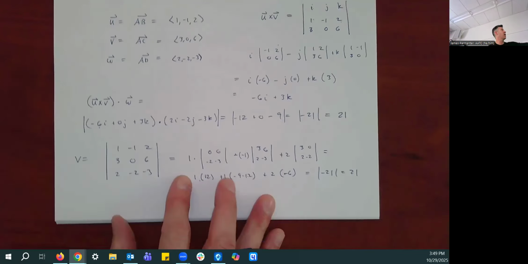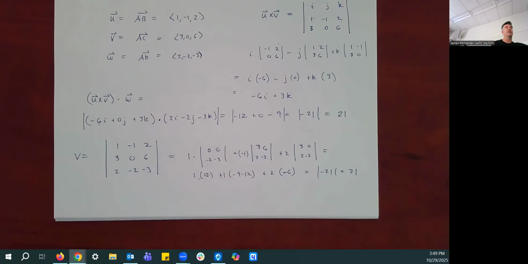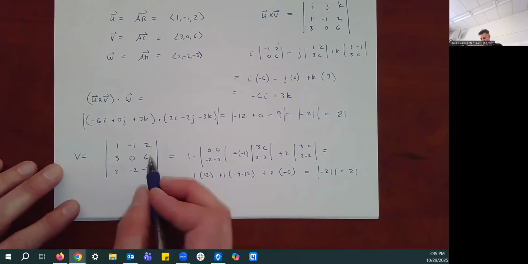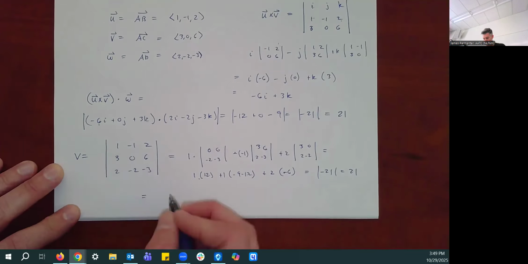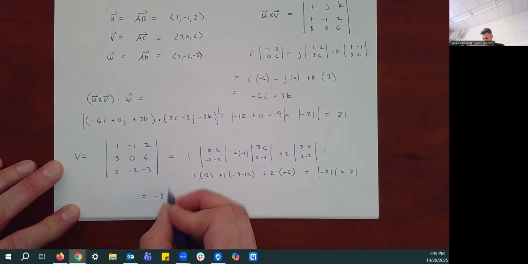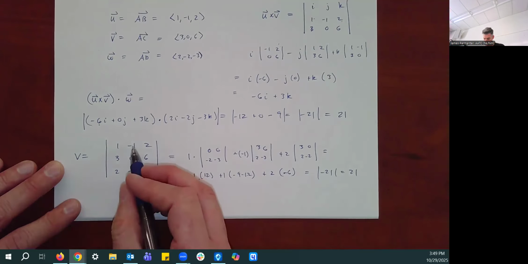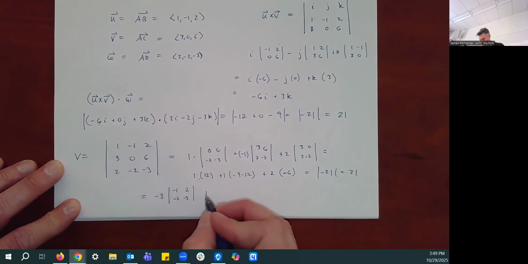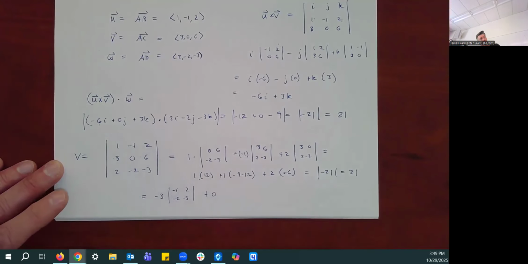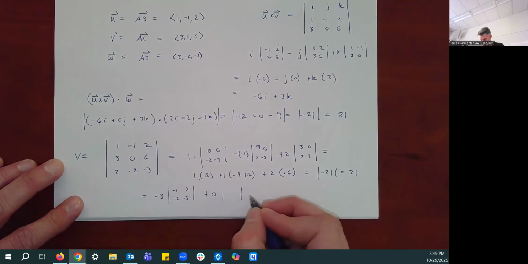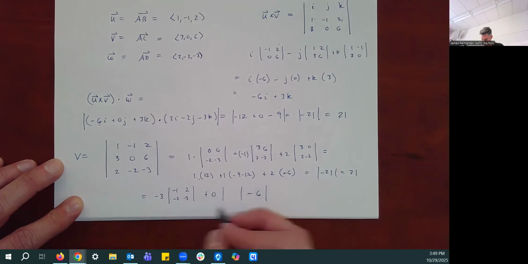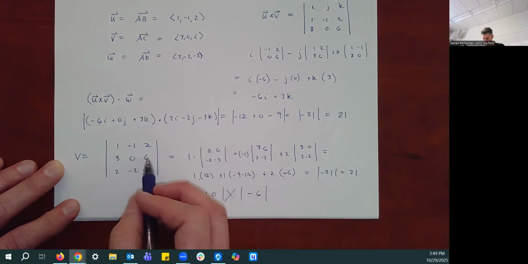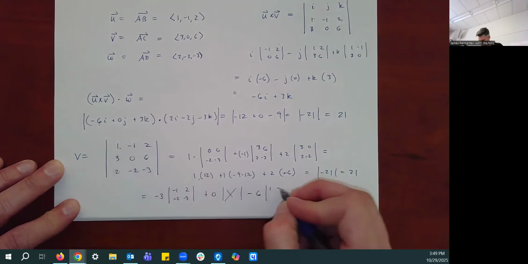However, I could have made a smarter choice, kind of. I could have picked the second row instead. It's going to be negative 3 times the absolute value of, so cross out that, and you're going to do negative 1, 2, negative 2, negative 3, plus 0 times we don't care, minus 6 times whatever that is, and then 1, negative 1, 2, negative 2.